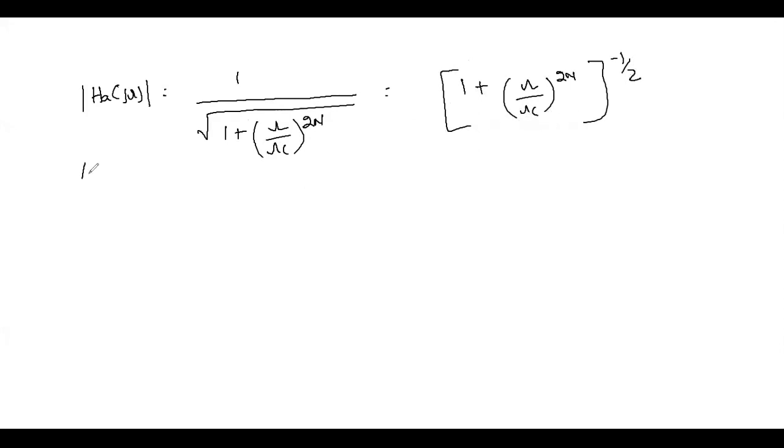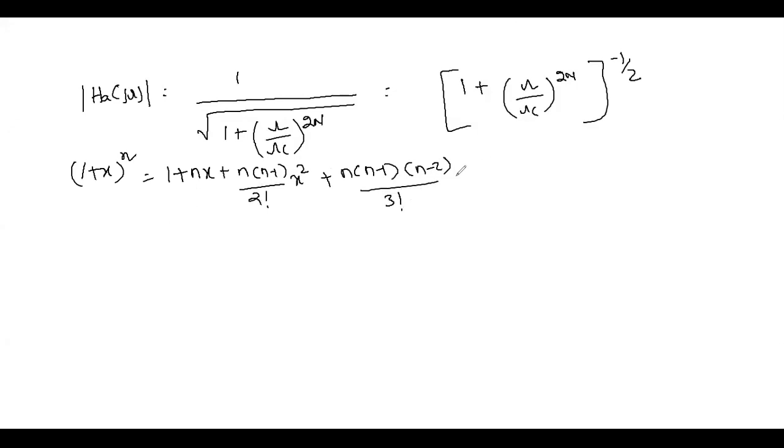The formula is already given. 1 plus x to power n equals 1 plus nx plus n multiply n minus 1 by 2 factorial x square plus n minus 1 n minus 2 by 3 factorial x cube, like this. Here in this case, n equals minus half and x equals omega by omega c to power 2n.